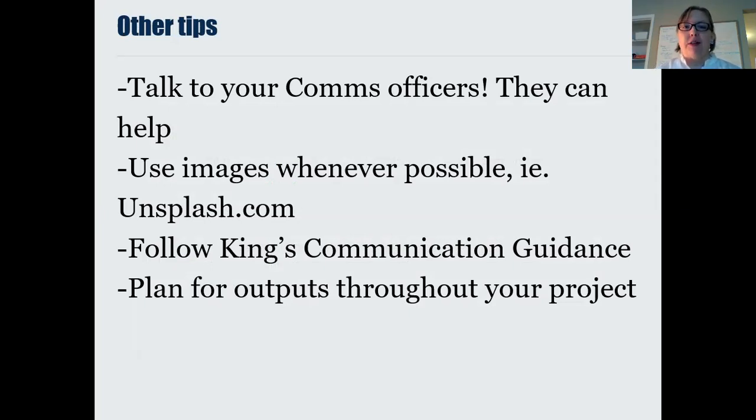Use images whenever possible, and to avoid any copyright issues, there's a website that I've listed there, unsplash.com. All the images on there you can use for free, and photographers have offered them without any copyright, and they're beautiful pictures. They're so much nicer than any sort of screen grab of Google images that you could get.